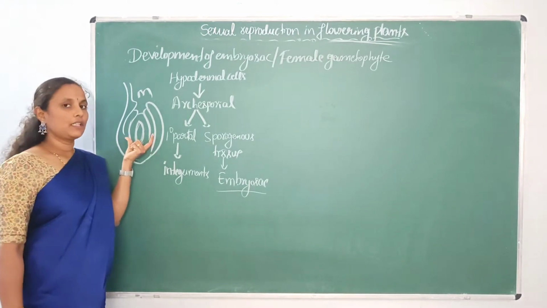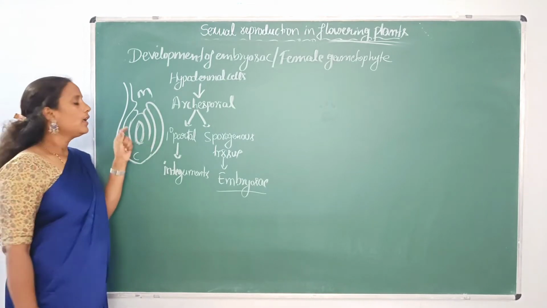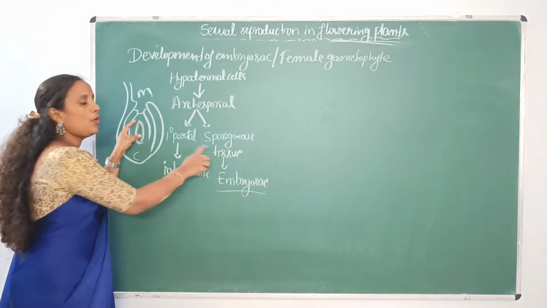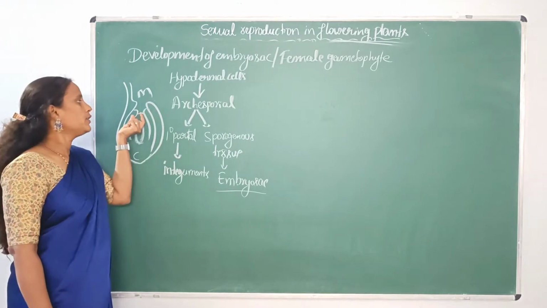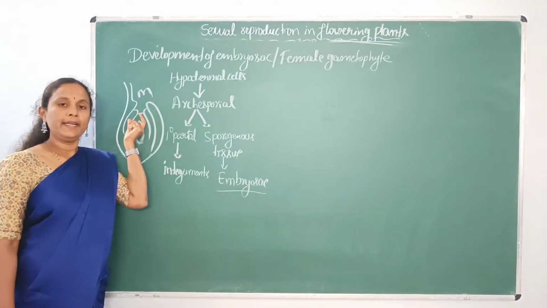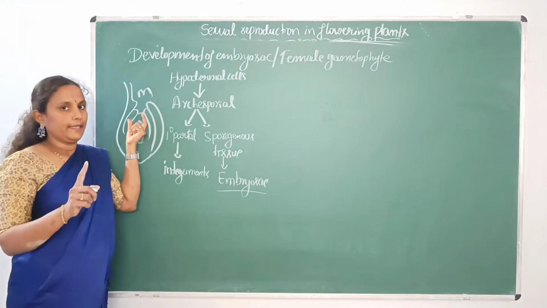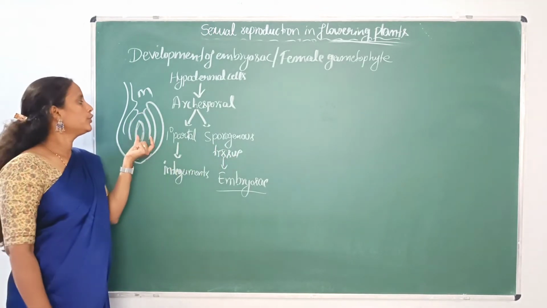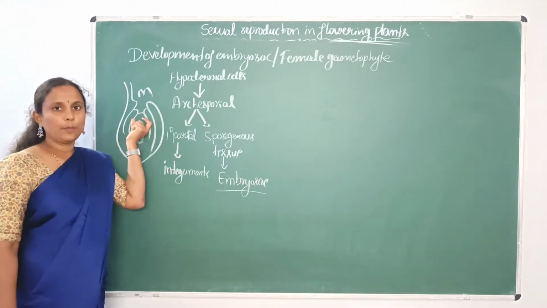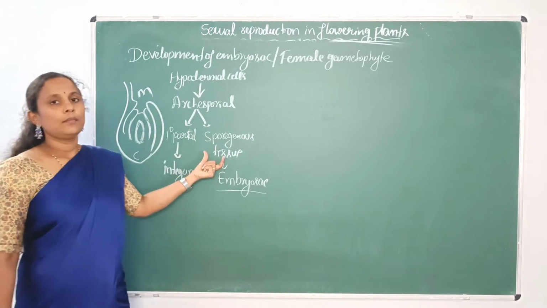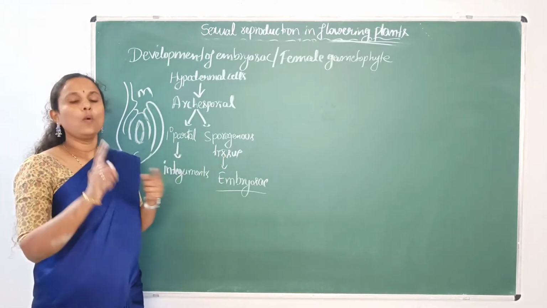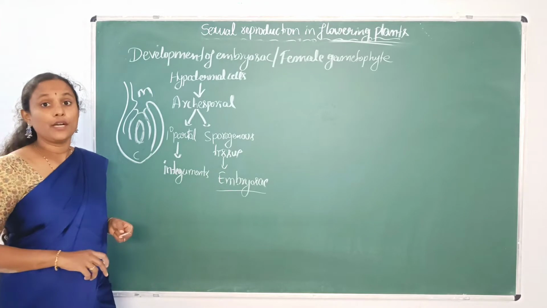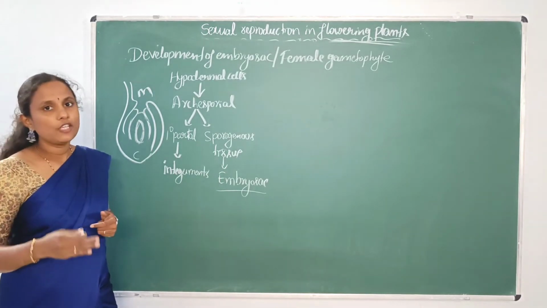To start the process of development, the sporogenous tissues are normally present towards the micropylar end. Among the many sporogenous cells, one is capable of undergoing meiotic cell division.